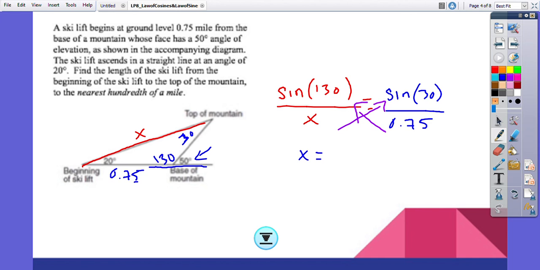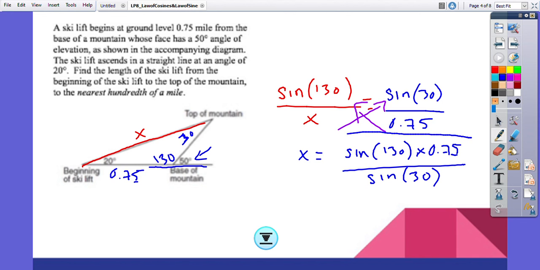x equals sine of 130 times 0.75 over the sine of 30.